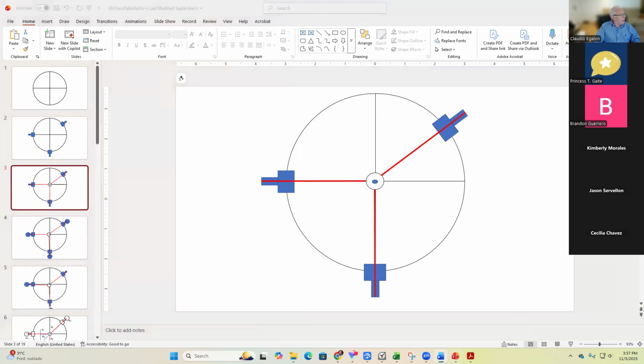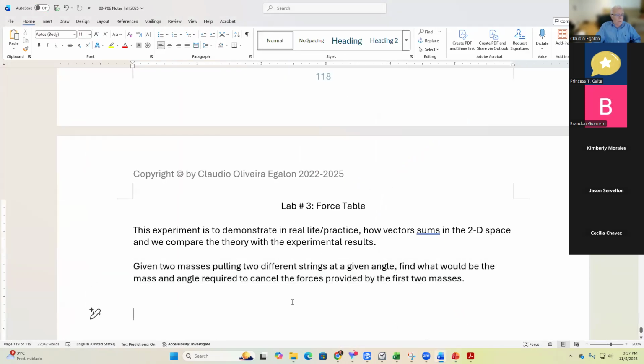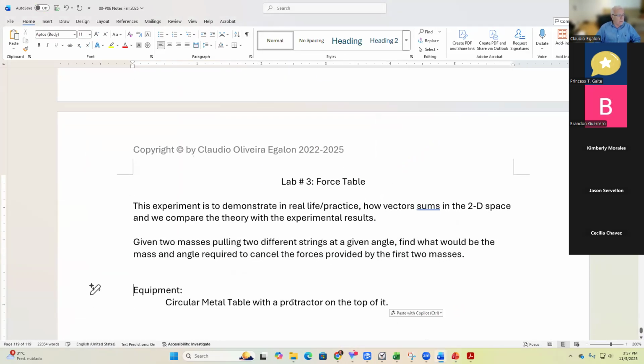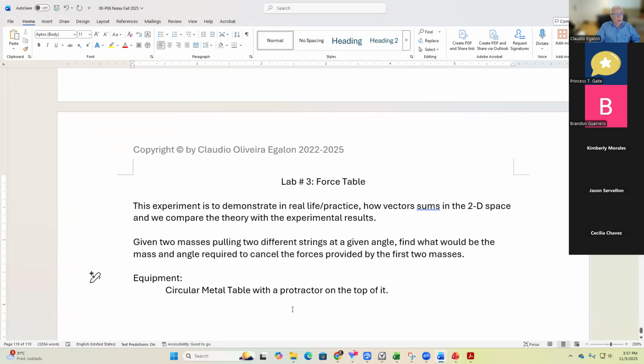Okay, and then we can start documenting all the equipment, right? So let's talk about the equipment here. I'm gonna write that down. Equipment. Circular metal table with a protractor drawn on its top.